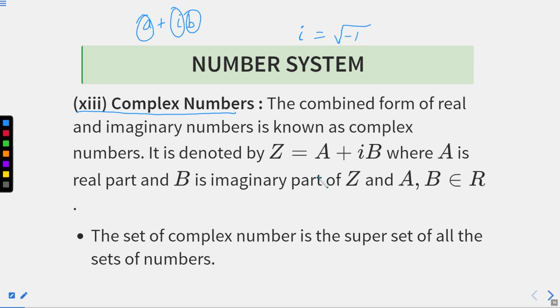So any number of this form a plus ib is a complex number. For example, 3 plus 5i is a complex number, where 3 is a positive real number and 5 is also a positive real number, and i is iota, that is, i is root minus 1.